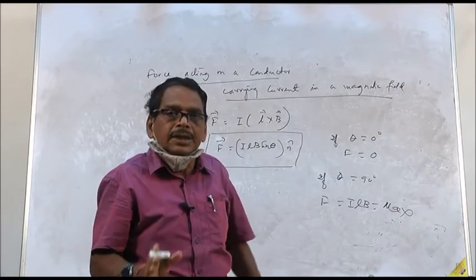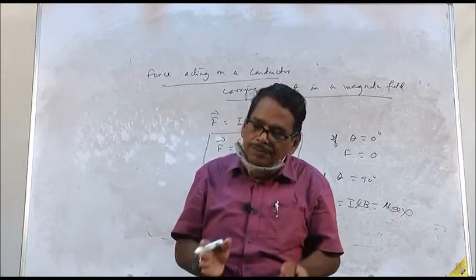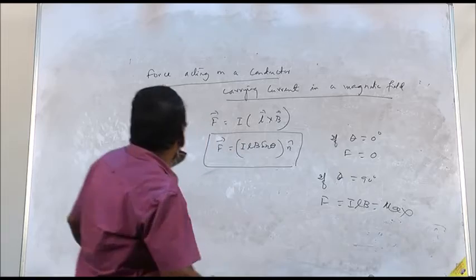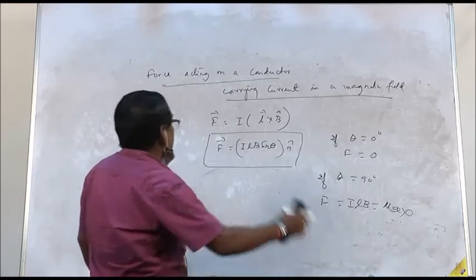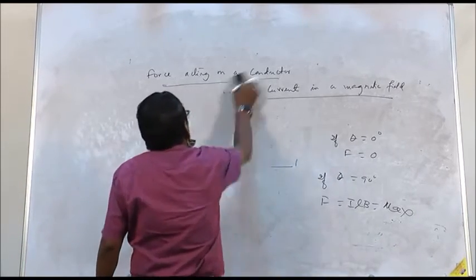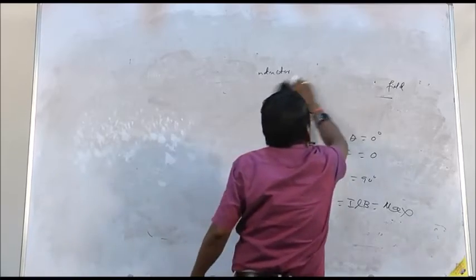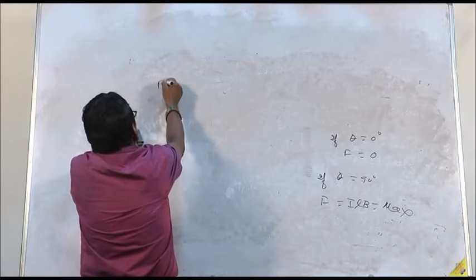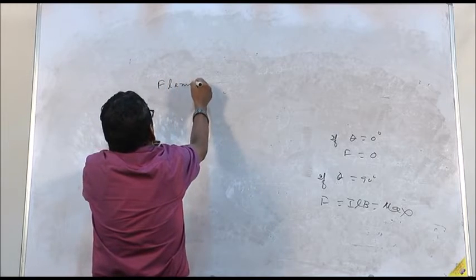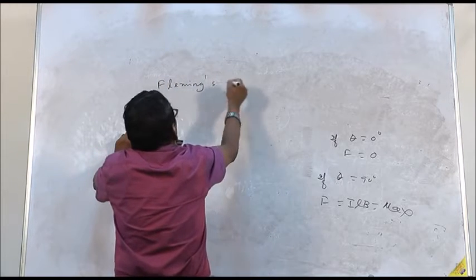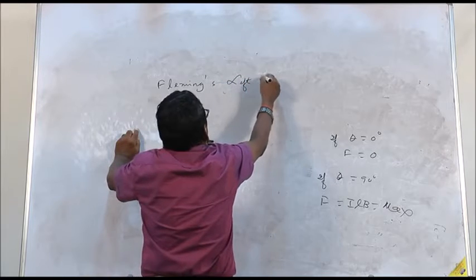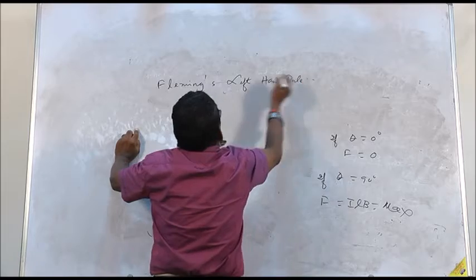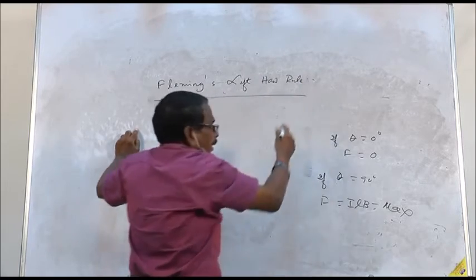The direction of this force is given by a very important rule, that is Fleming's left hand rule. This is very important. It very often comes in the examination. This rule gives you the direction of force exerted on a conductor carrying current.